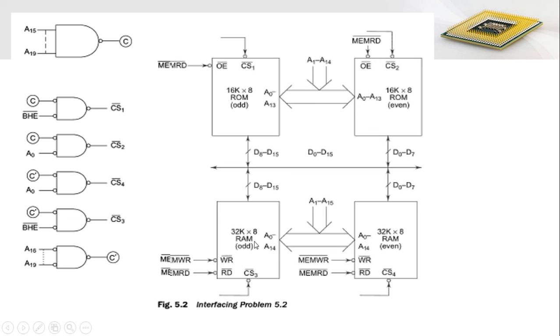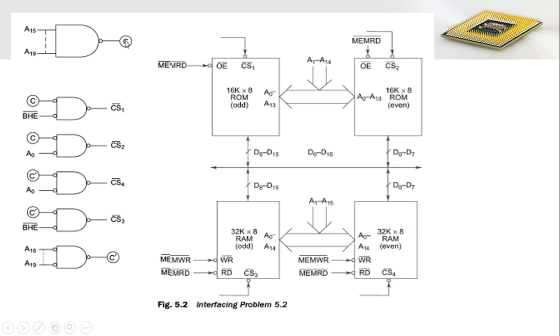Similarly, for the case of RAM, for performing data transfer from the odd bank, take this C dash and BHE bar as inputs to a NAND gate. Its output is taken as the chip selection pin for the odd bank of RAM. The same C dash output with A0 is taken as input to this particular NAND gate, and its output is taken as the chip selection for the even bank of our RAM memory.